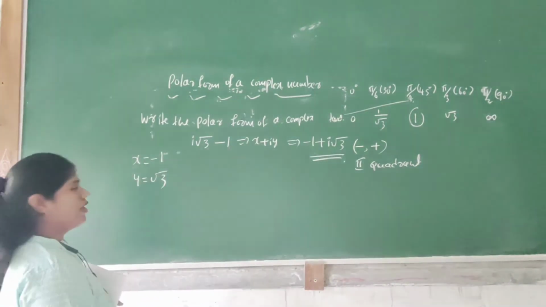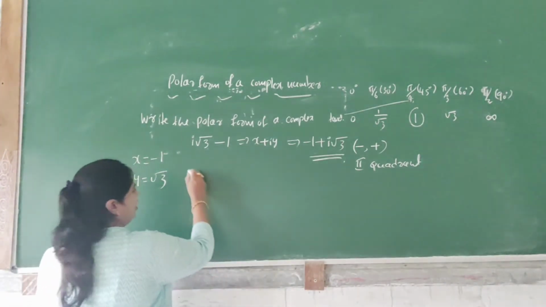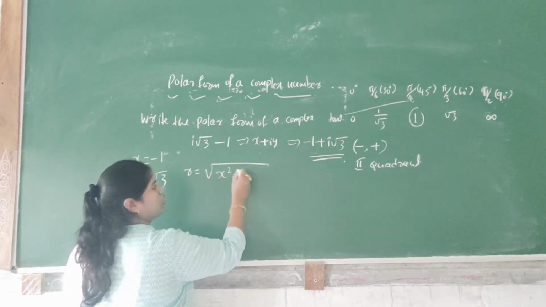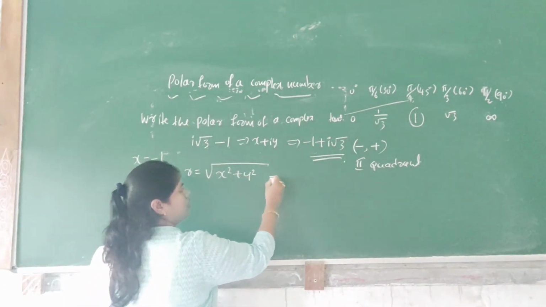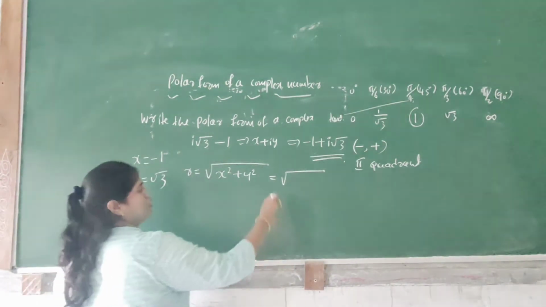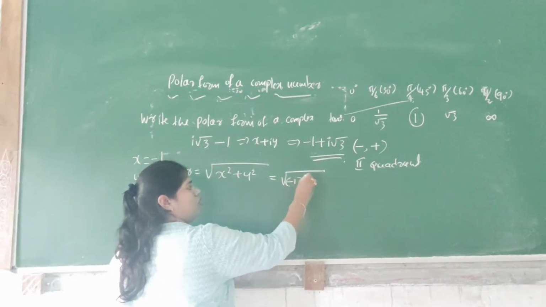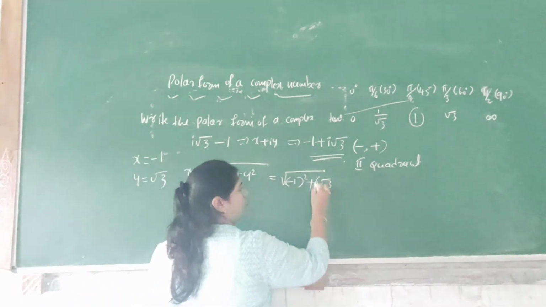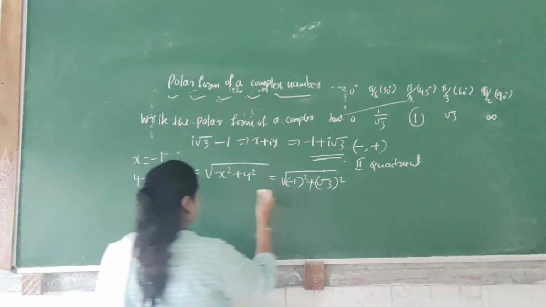So what is the r value? r is equal to square root of x square plus y square, which is equal to square root of minus 1 whole square plus root 3 whole square.